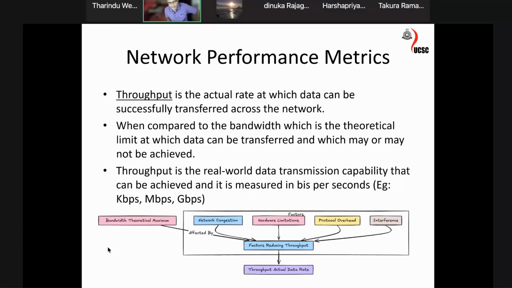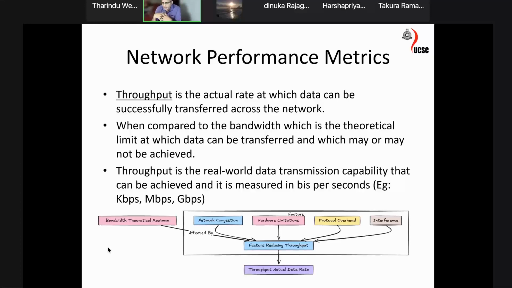So you can measure your actual throughput when you are troubleshooting. Compared to the bandwidth, which is the theoretical limit at which data can be transferred and may not be achieved, you can't always expect to hit 10 gigabits per second even if you have 10 gig. That's why you need to measure the actual throughput, which is lower than the maximum bandwidth.